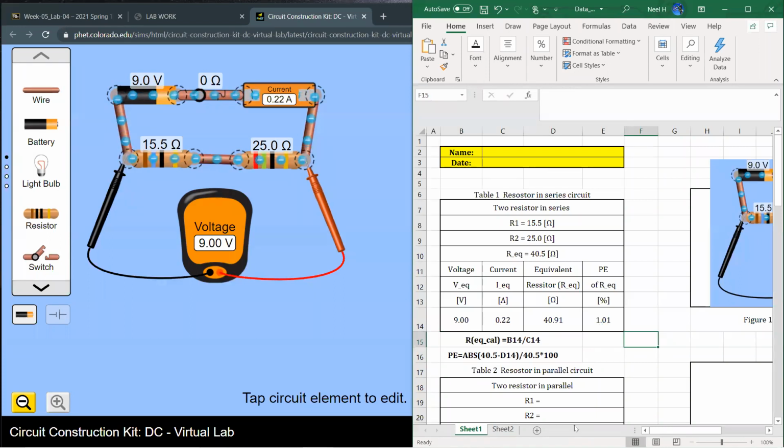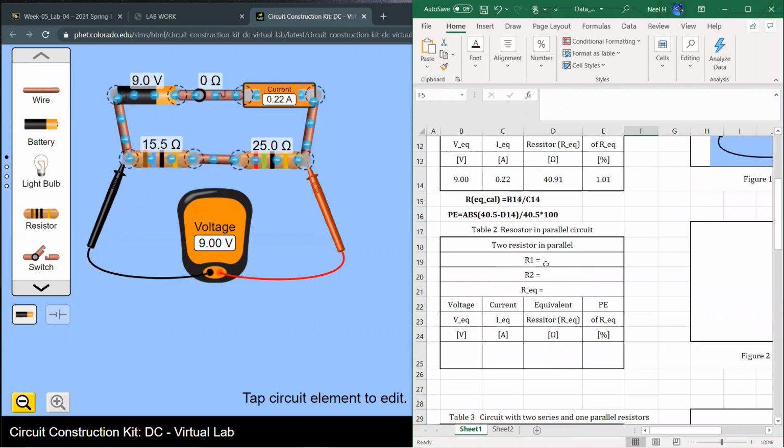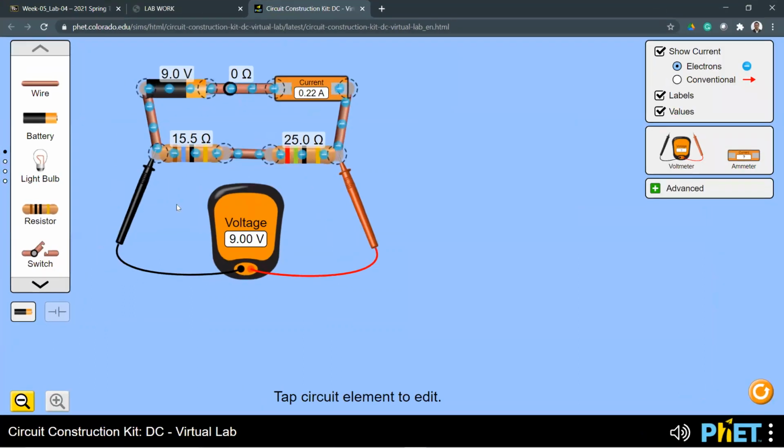Okay, then let's continue. So that confirms the resistor connection serially, and also in a way confirms Ohm's law too. And let's take a look now at the parallel circuit. Parallel circuit means voltage should be the same, current must be different. Now you can see that's a serial circuit, current is the same, and the voltage is dividing between these two with the applied voltage right here.